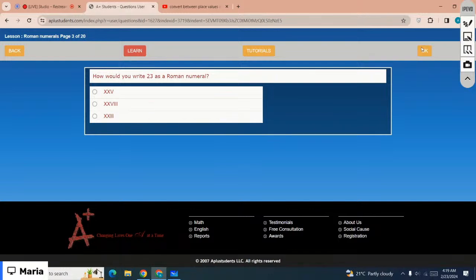Okay, the next one is how would you write 23 as Roman numeral? So which is the correct option?